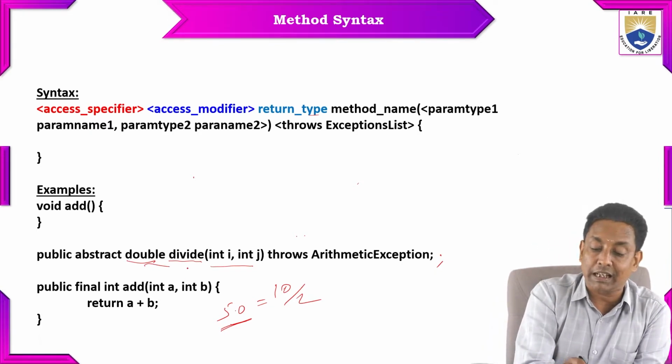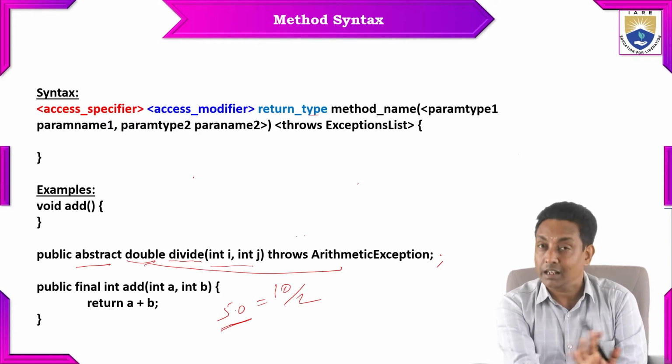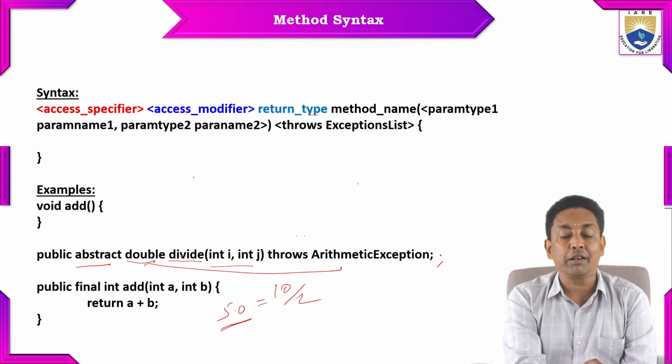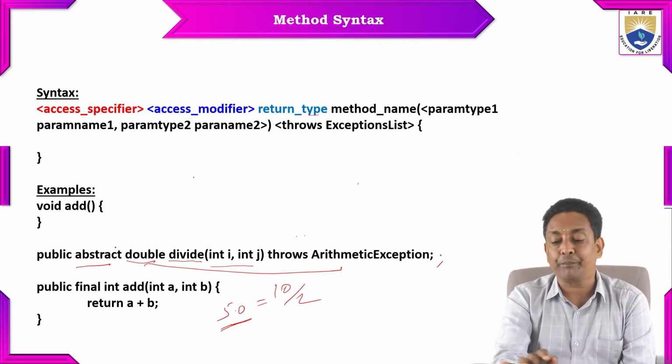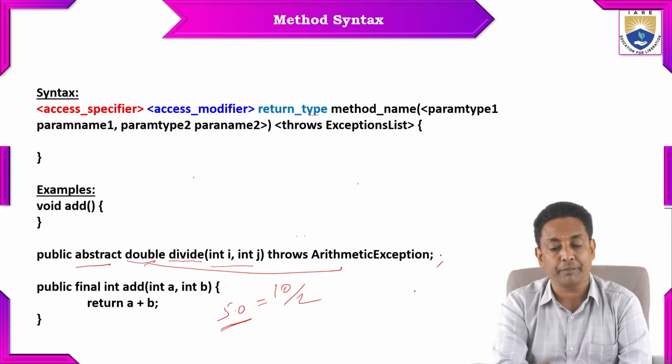If you declare a method without a body and don't mention abstract, the compiler immediately gives an error saying that the divide method must be declared as abstract, or the method must provide a body, its implementation, by enclosing it in curly braces.